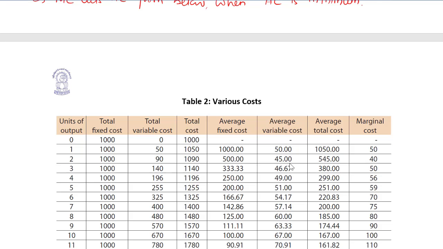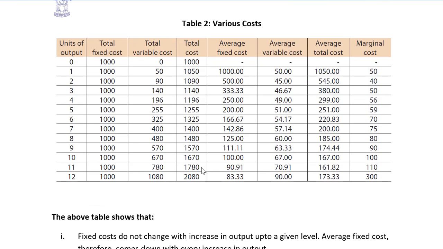Okay, just see this table now. We have plotted units of output 0 to 12. Total fixed cost is 1000. Variable cost is plotted. Fixed cost plus variable cost is total cost.